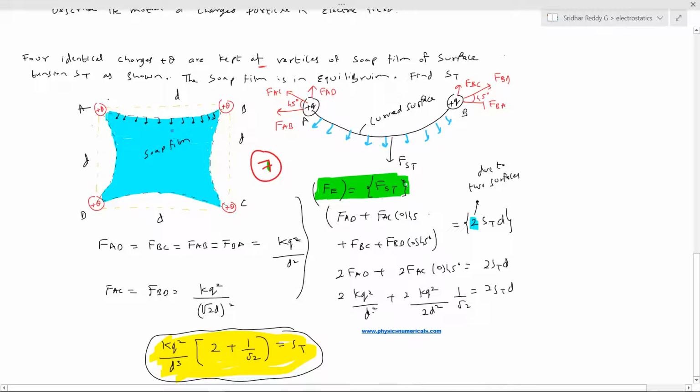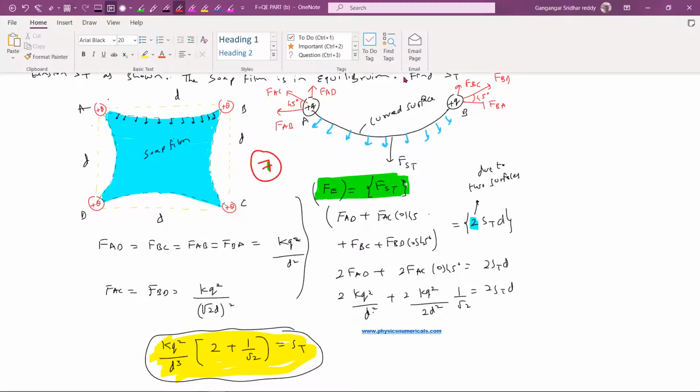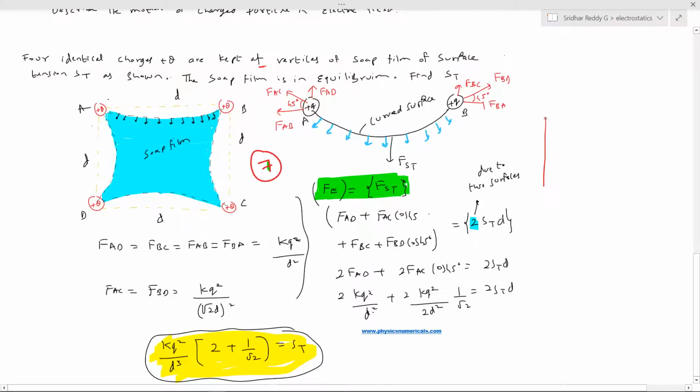Now we know that due to surface tension the film would collapse, no? Then what made it to be in equilibrium? What made it to be in equilibrium? The method is simple, actually. The force due to surface tension should be radial, like this, everywhere.